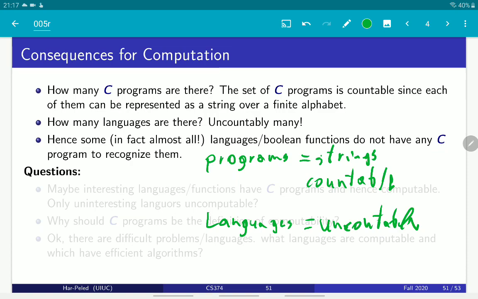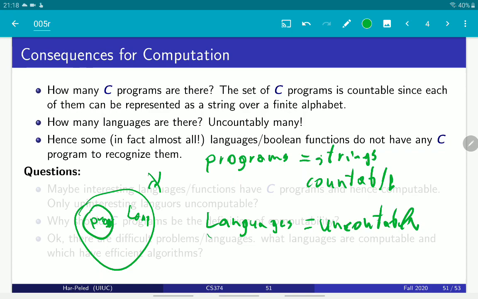In the sense that there are going to be, if you want, these are the programs, and those are the languages. The set of languages is tremendously bigger, infinitely more infinite. In fact, it's equivalent to the set of all real numbers, if you remember your set theory.